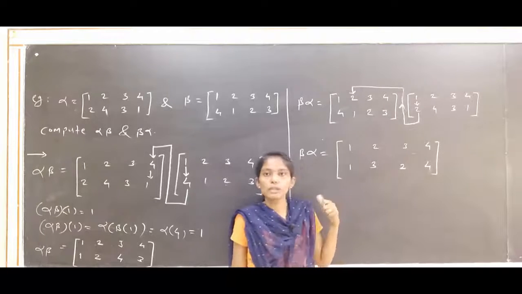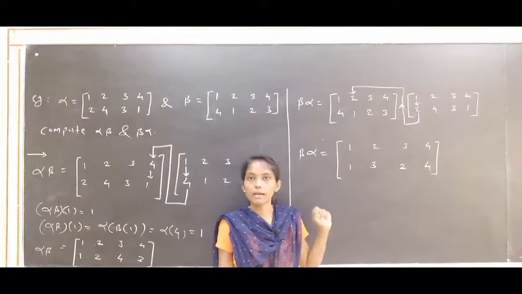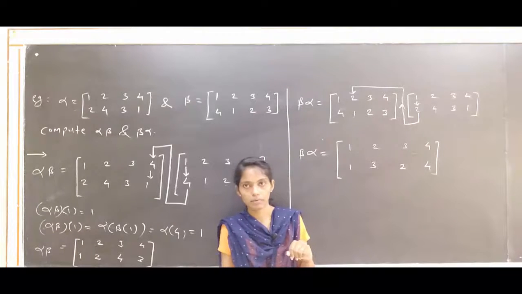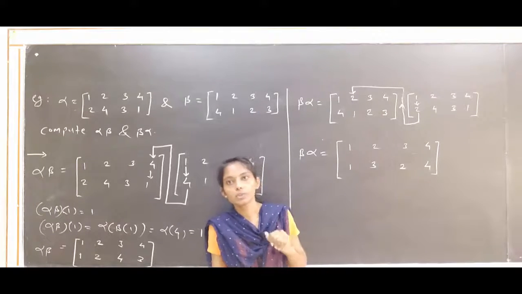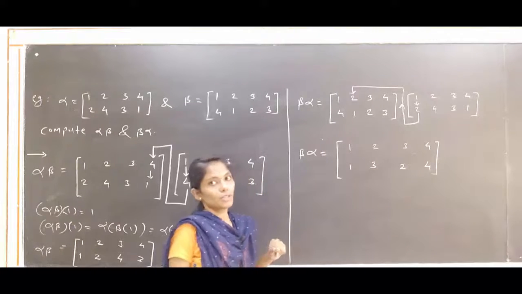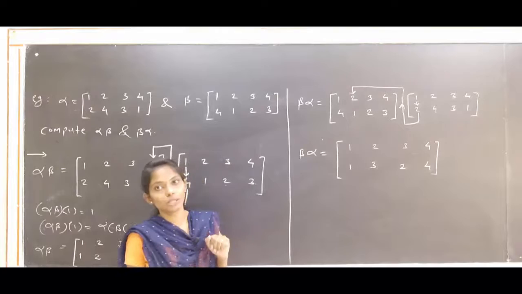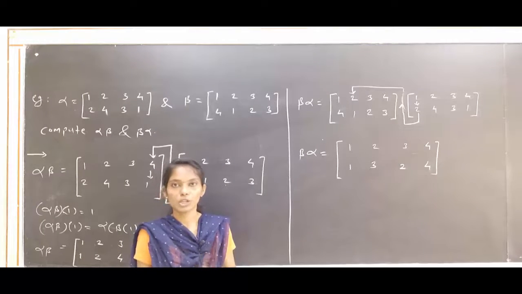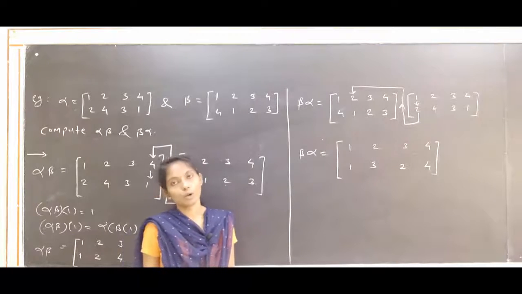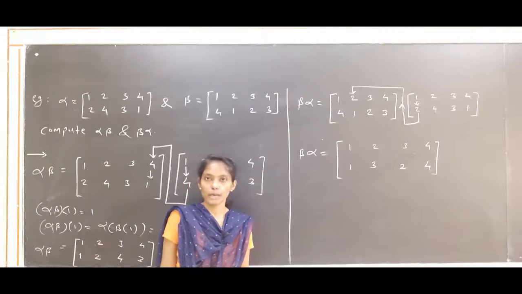So by observing alpha beta and beta alpha, we get alpha beta is not equal to beta alpha. So the function composition operation is not commutative in a permutation group, and hence the permutation group is not abelian. All of you get this?